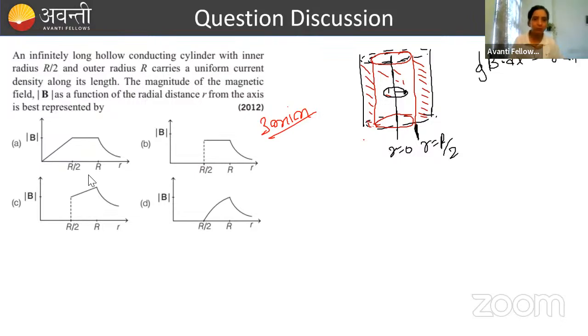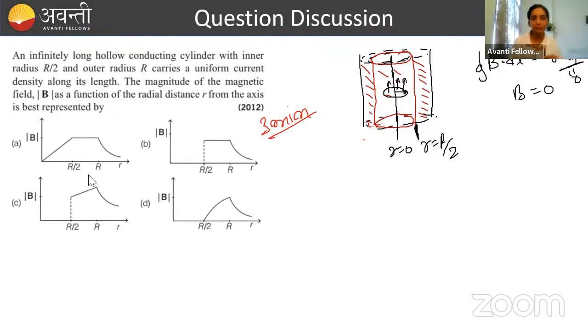So the current flowing through this cross section, this Amperian loop, will be what? It will be 0 because this is the hollow region, right? Current is only flowing through this solid region. Done. So here I enclosed is 0. It means B will be 0. So B is 0 from r equal to 0 to r by 2. Done. That is over. Again, I have taken the Ampere loop as circular because now I don't need to discuss time and again. Current is flowing through a cylindrical wire kind of thing.